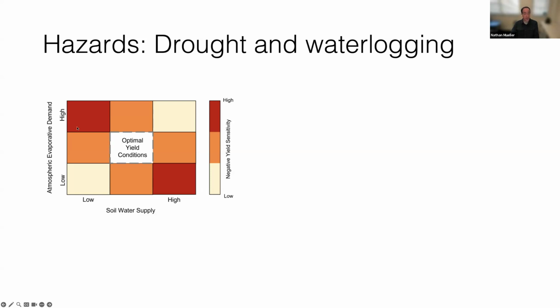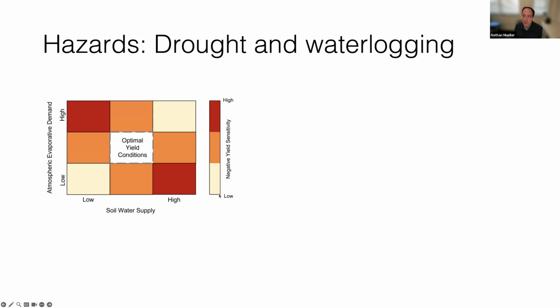And we would expect the most negative conditions to be kind of up here where you have a low soil water supply and high atmospheric demand, very droughty conditions, or to have real waterlogging conditions down here in the bottom right.